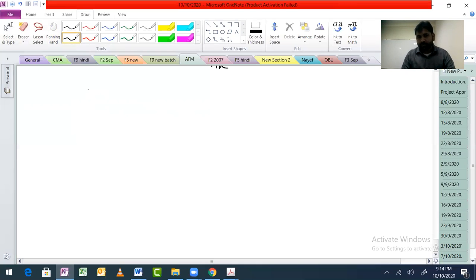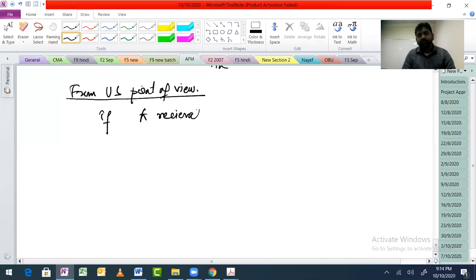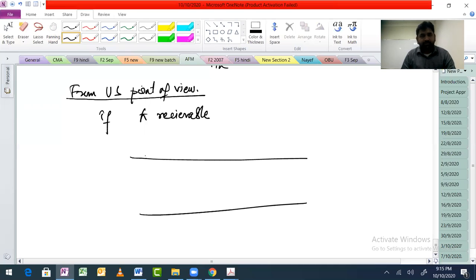From the US point of view, if they have pound receivable, draw two lines: this is your spot market and this is your future market.